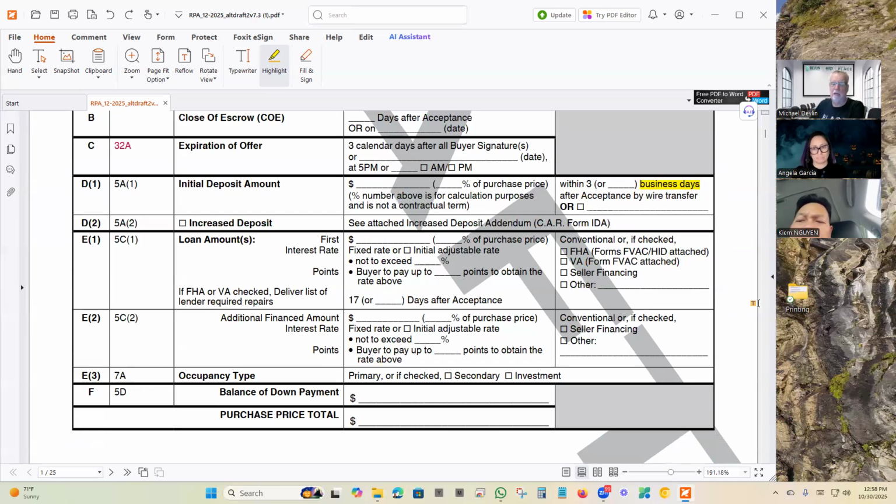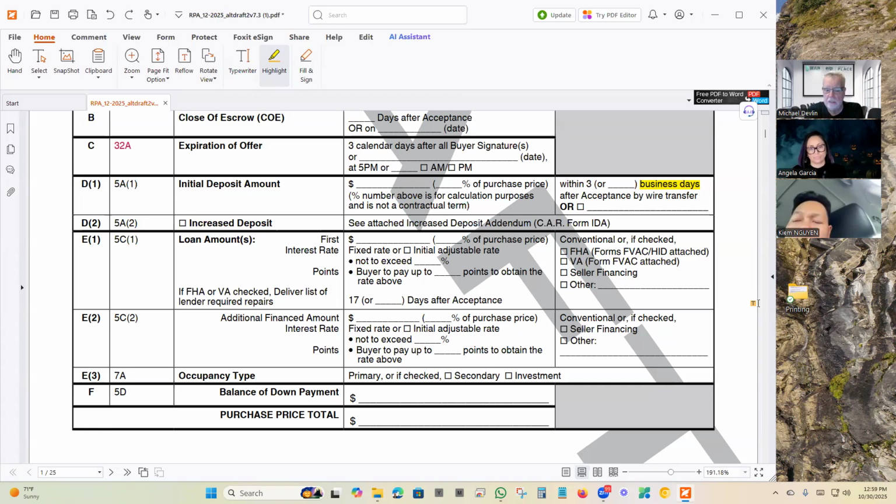Additional amount financed, is there a second? Sometimes our seconds are hidden, where if the buyer has the money but doesn't want to use the money, then the buyer won't mention the fact that they're actually getting a second loan.